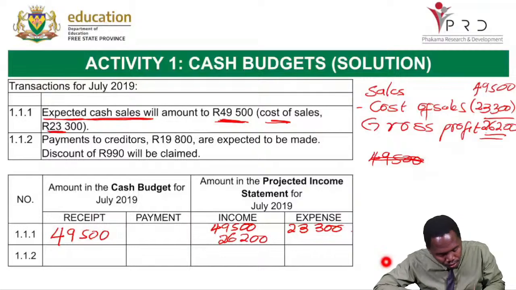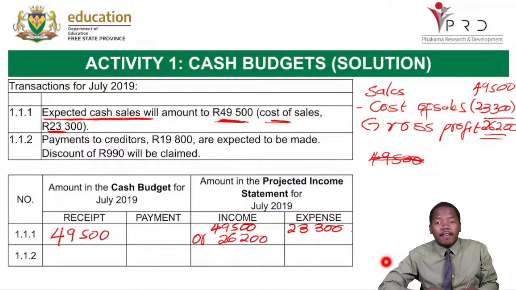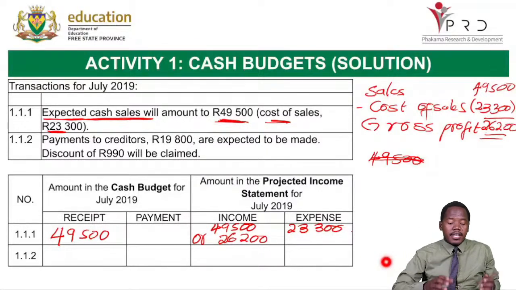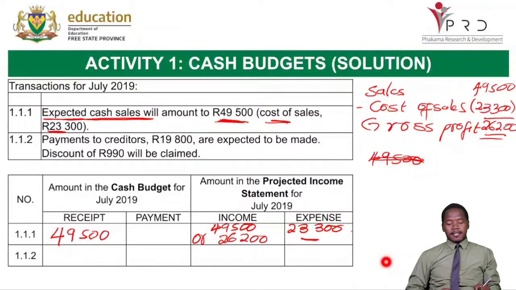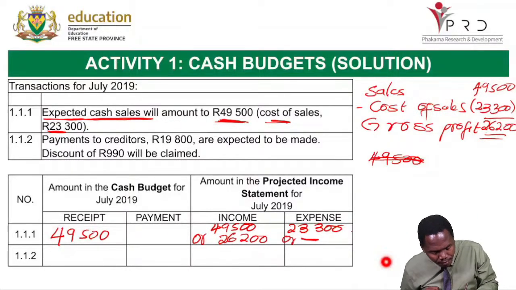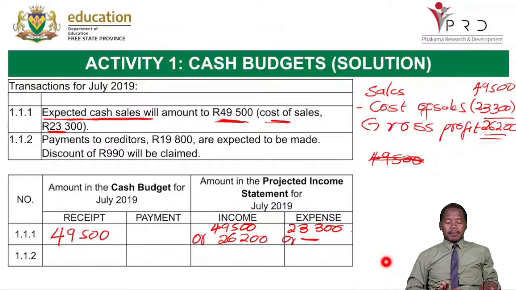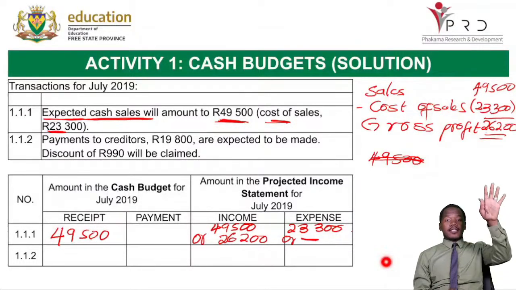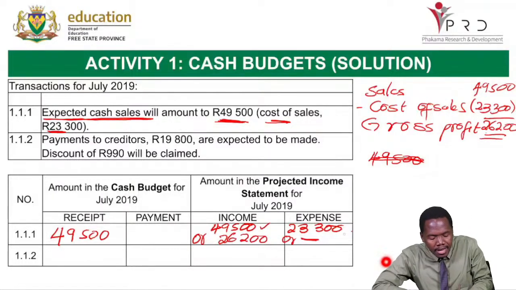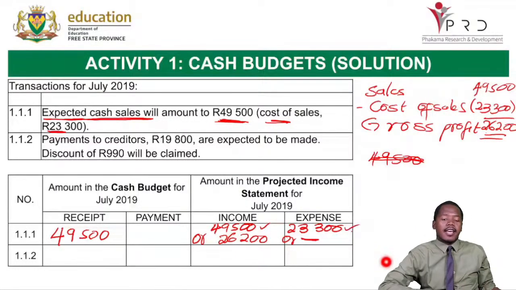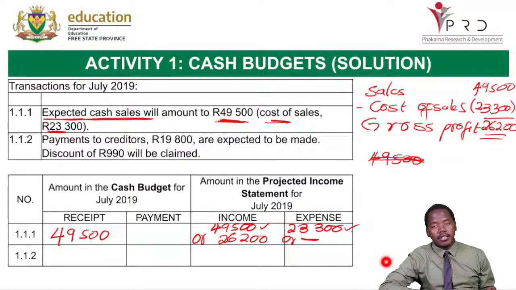Okay, so you can either have 26,200 in your incomes and nothing in your expenses. Option 1, I can record cash sales of 49,500 and record the cost of sales under expense of 23,300.